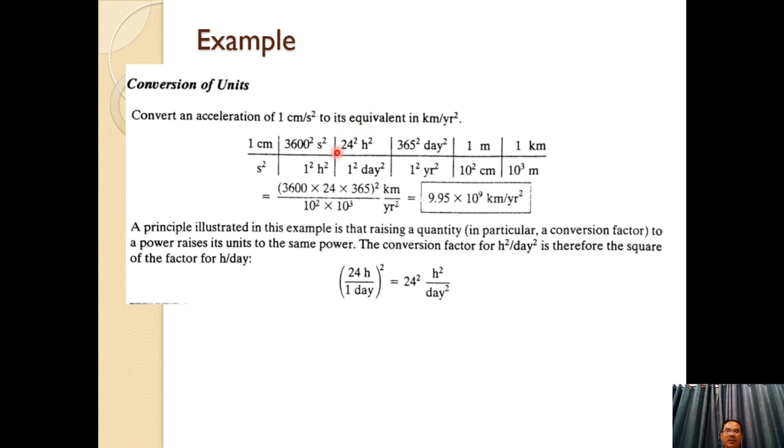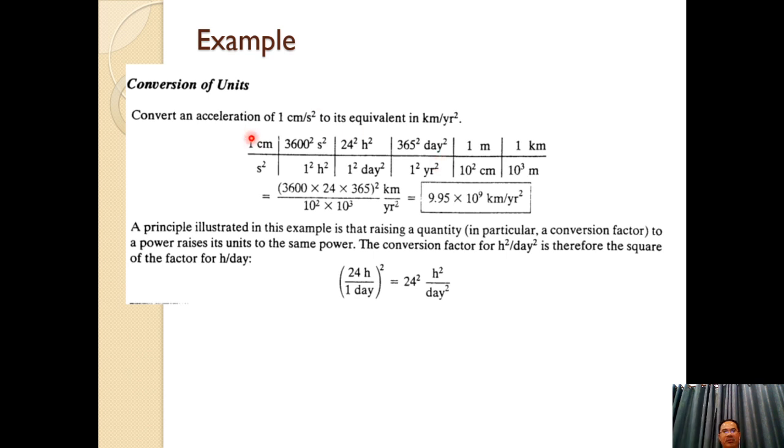And then you use the conversion factor between hour and day. You know, 24 hours equal to 1 day. You have to square both the value and unit. And the third conversion factor is 365 days equal to 1 year. These three conversion factors convert from second to year already, because the second cancels, hour cancels, day cancels, and finally you get year.